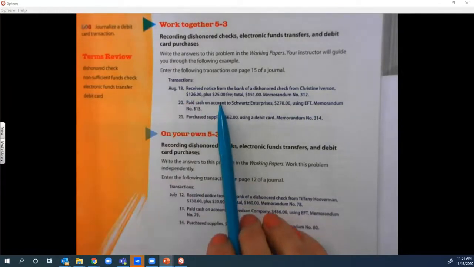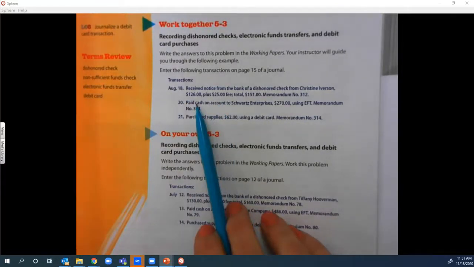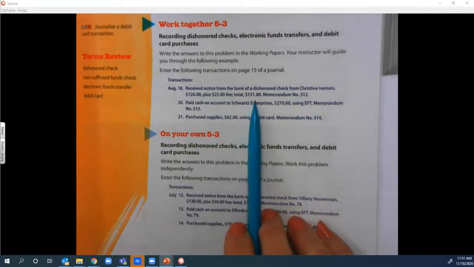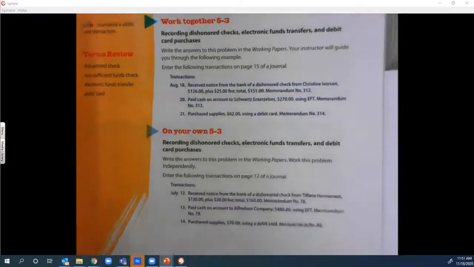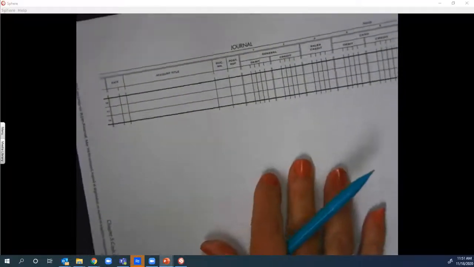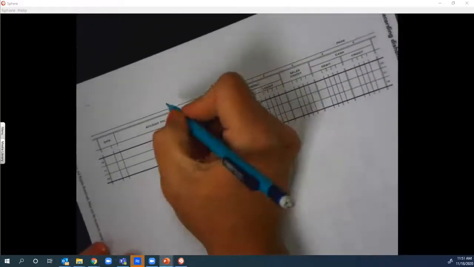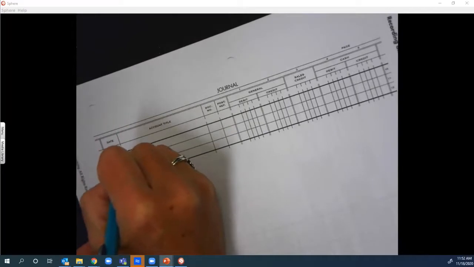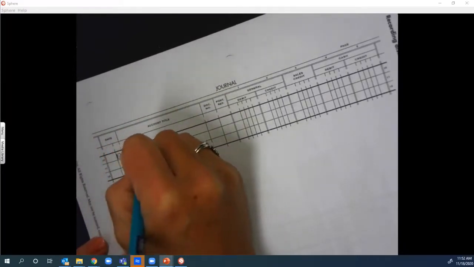So now our bank is pulling the $126 out plus the $25 fee, and we're going to tell Christine she owes us all of that, $151. So we're going to make her accounts receivable increase. This happened on August 18th, so now we're increasing what she owes us.